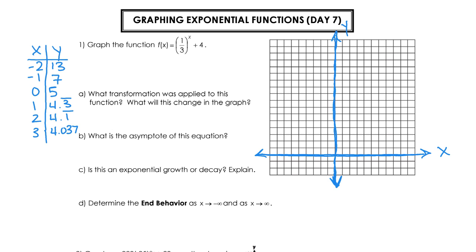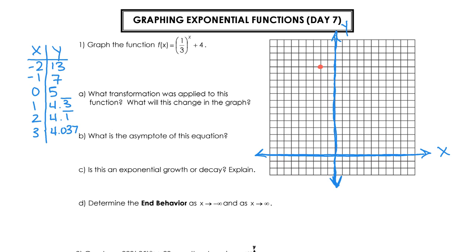All right, and then we're going to go ahead and graph some points. So we're going to graph -2, 13, 1, 2, 3, 4, 5, 6, 7, 8, 9, 10, 11, 12, 13, right there.